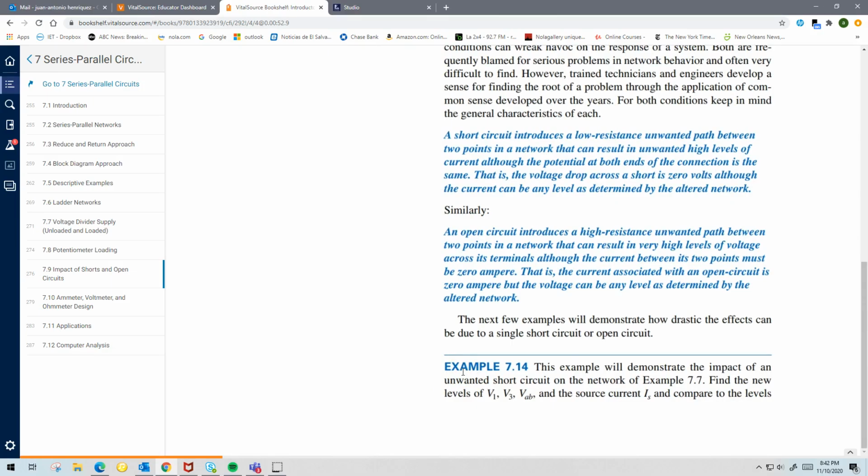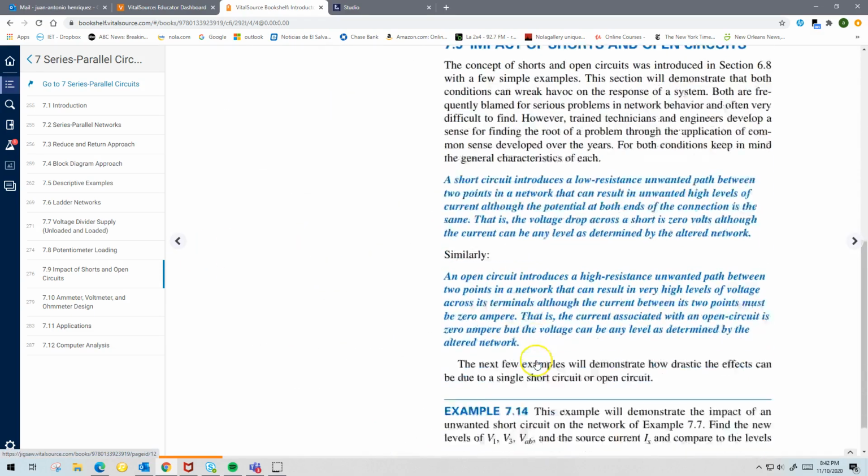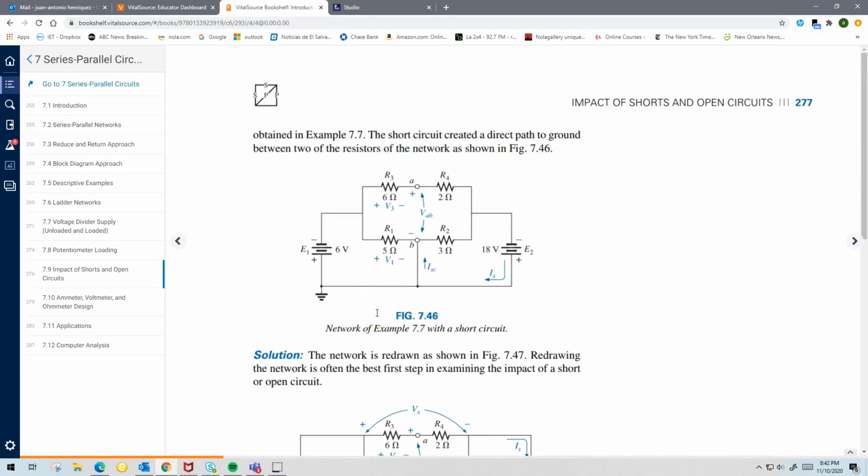So we're looking for V1, V3, VAB, and the source current, and we're going to compare to the levels obtained in example 7.7.